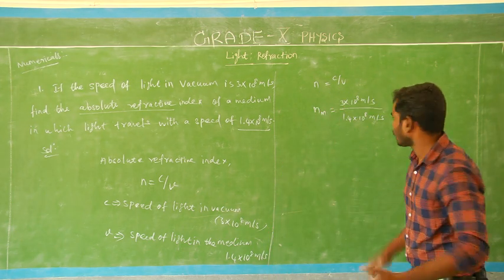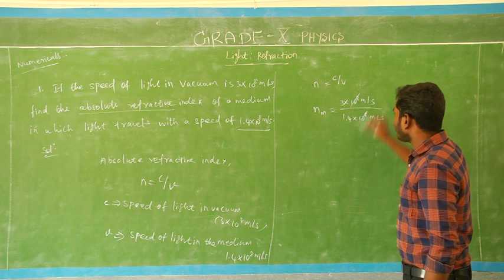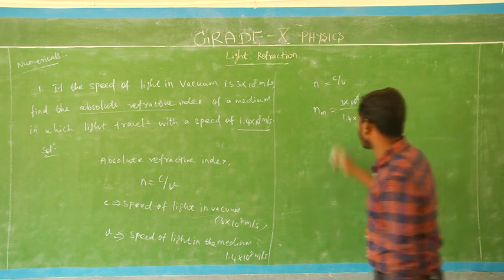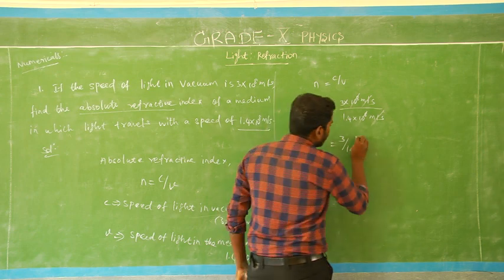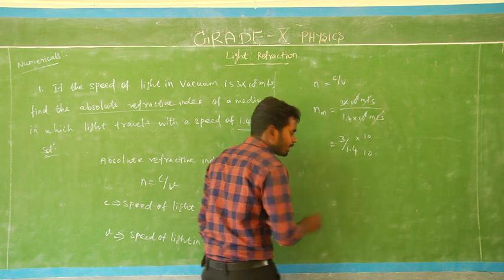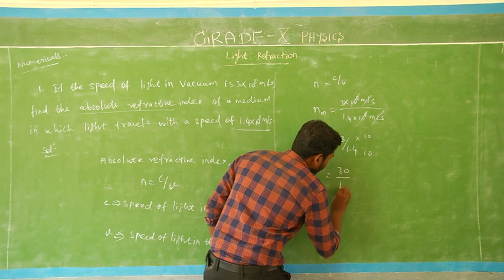Is it understood? So 10 power 8 and 10 power 8 cancel, meter per second cancel. We get 3 by 1.4. Multiplying both terms by 10, we get 30 divided by 14.